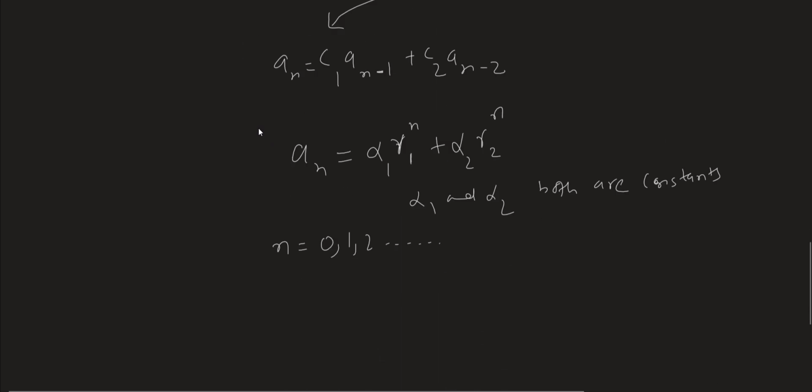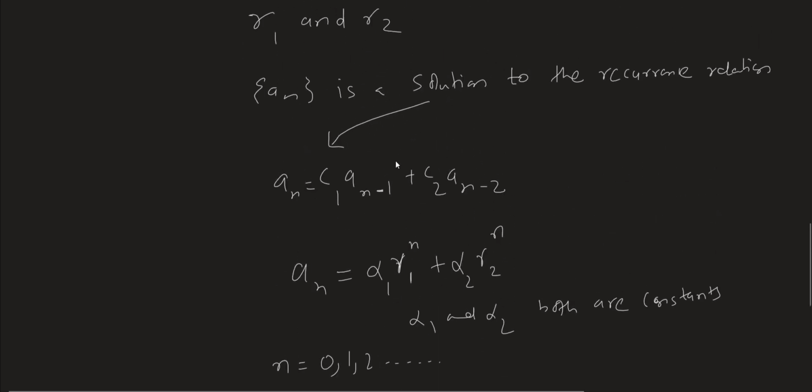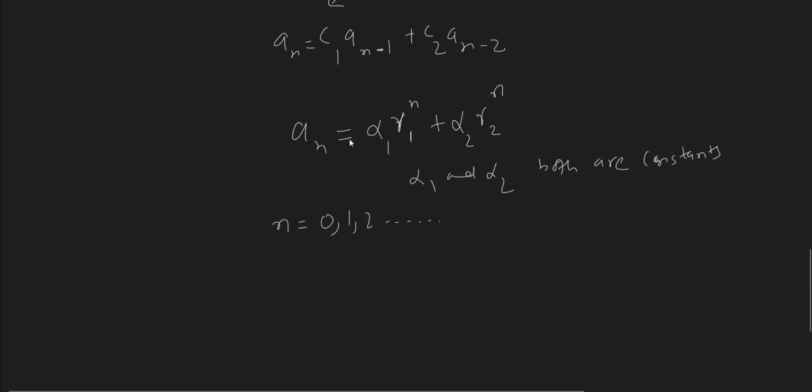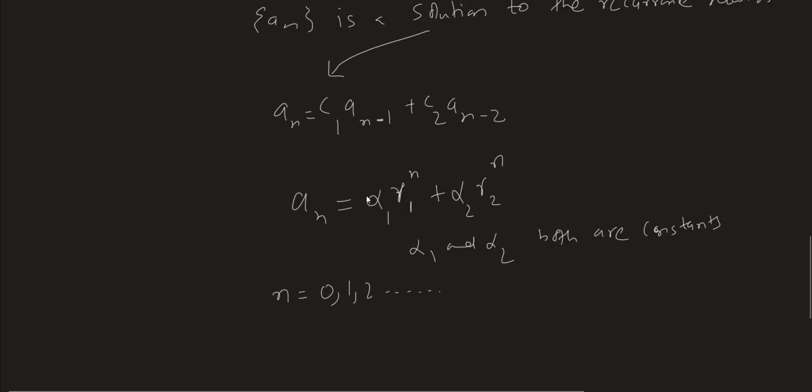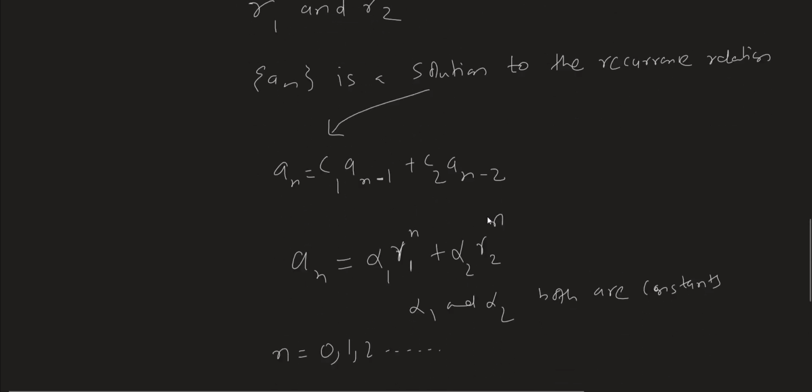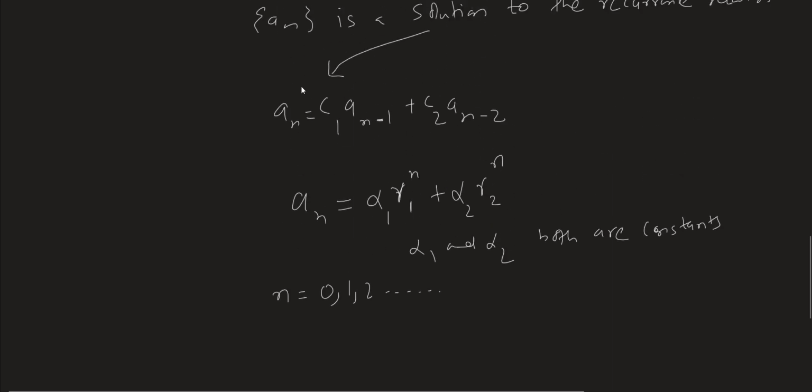In terms of that, the solution is a_n equal to alpha1 times r1^n plus alpha2 times r2^n. More of this will be clear with examples, which we'll be discussing in the next video.